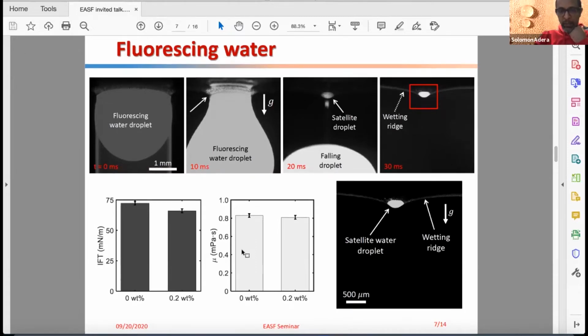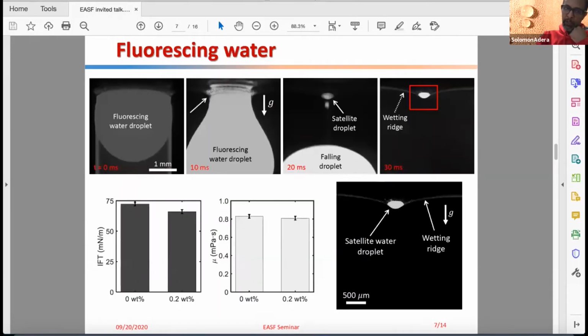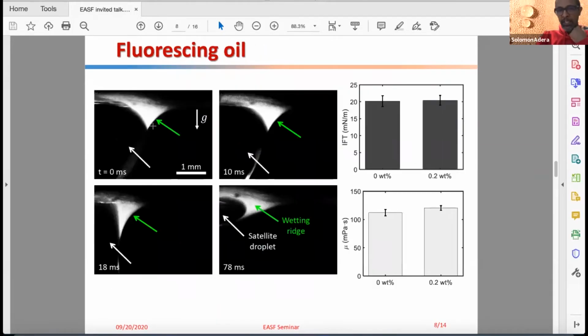Previously we dyed the water. In this next experiment, we dyed the oil using a UV dye to see the mechanics when the pendant droplet is falling. In this experiment, the dark side, the white arrow, is the water droplet, and the bright section is the oil.